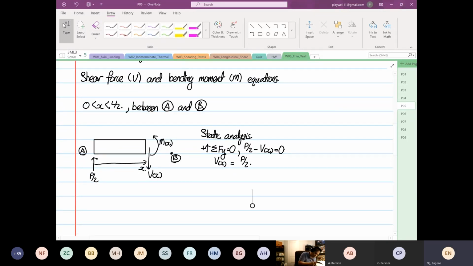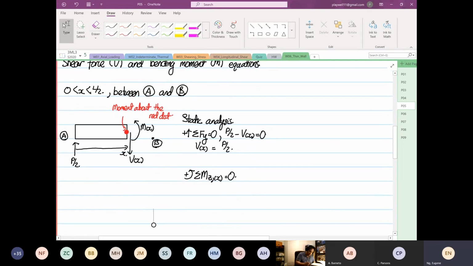The moment that we're going to take is about where I'm drawing my red dot now. So we're going to take moment about the red dot. Again, static analysis, anti-clockwise, summation of moment in the z direction as a function of x is equal to 0.